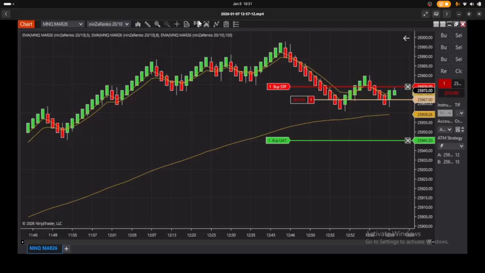Move the stop down right above that candle. See if it reverses. All right, I saved it. I didn't close manually. I moved the stop down. Let's see if it runs.